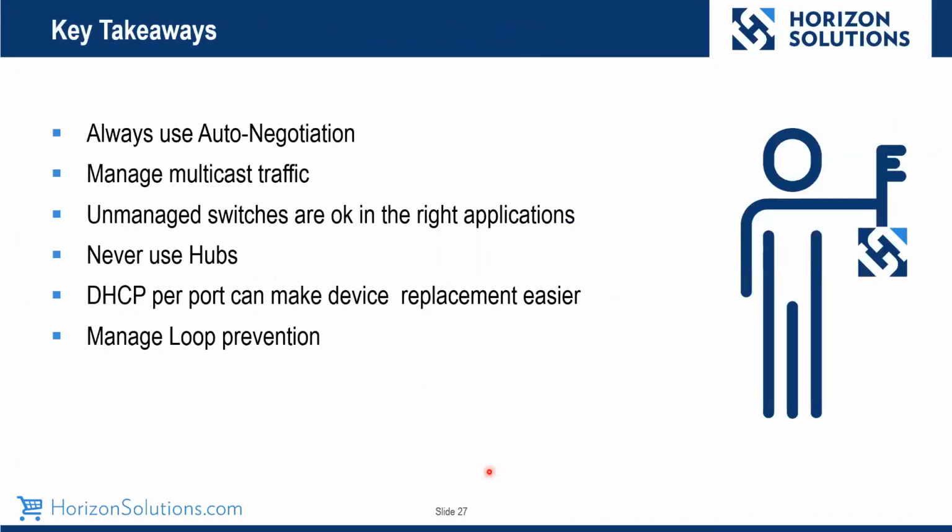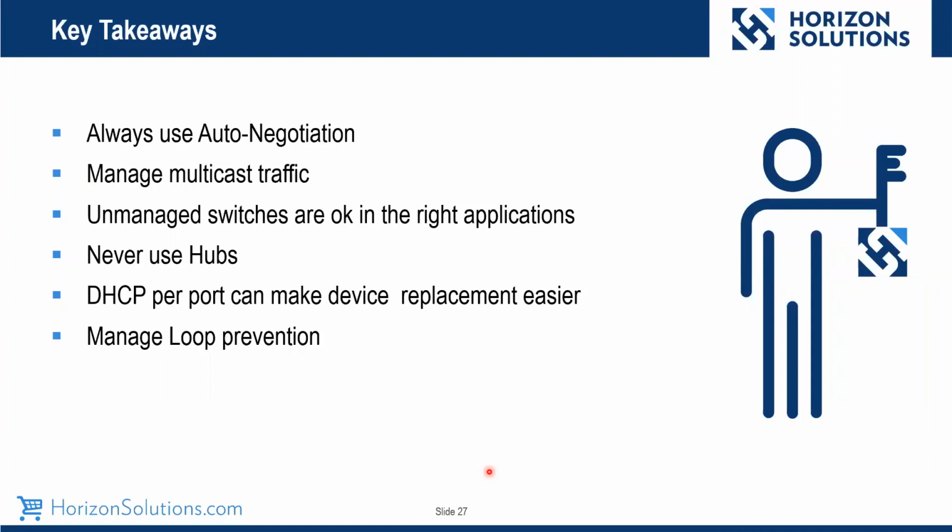Okay, so some of the key takeaways. Again, always use auto negotiation. That's a good way to break your network if they're not matched. Manage your multicast traffic. That could do the same thing. Unmanaged switches are okay in the right applications. If you notice, the unmanaged switch is not dumb. In the right applications, if you're not doing things that are really time sensitive, or everything's on the same switch, unmanaged switches are okay.